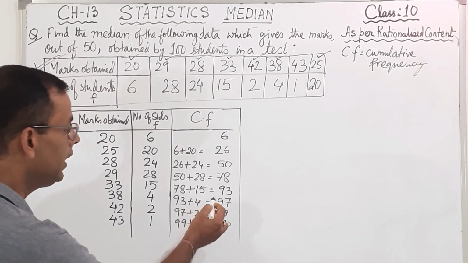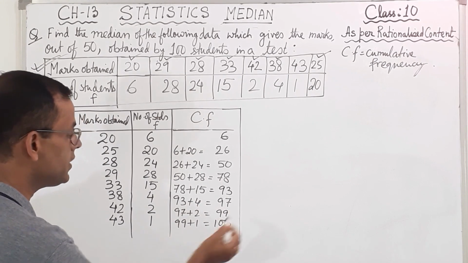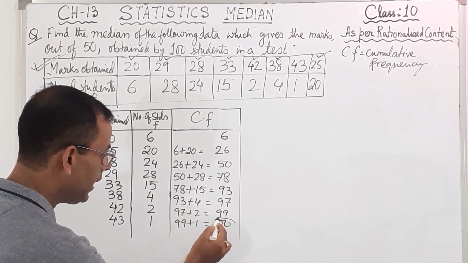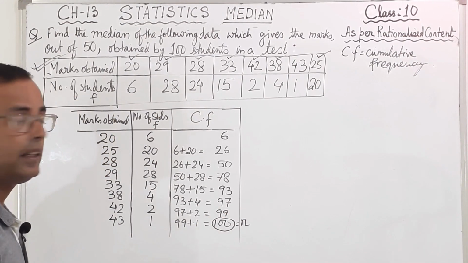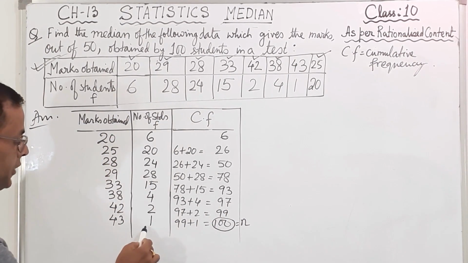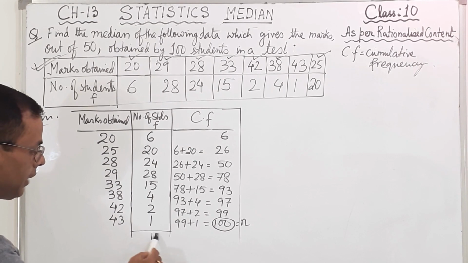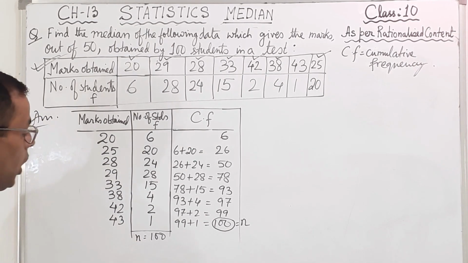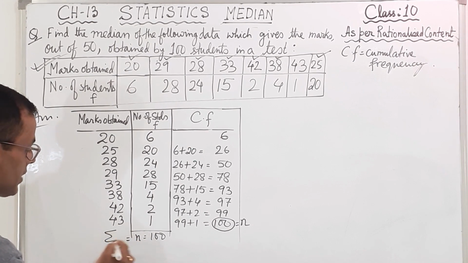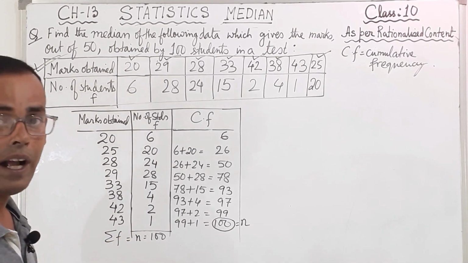Now, when we got the cumulative frequency, the last one is known as what? N. That means if you add the frequencies, it will come to 100. And this is also known as N. Or we can say it is the summation of the frequency, sigma f. Clear?